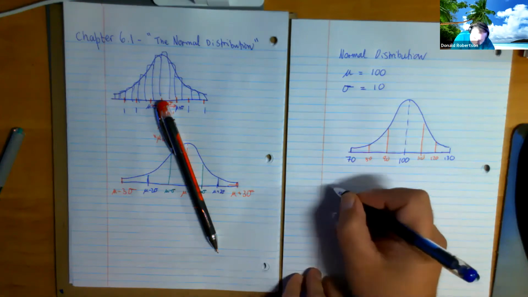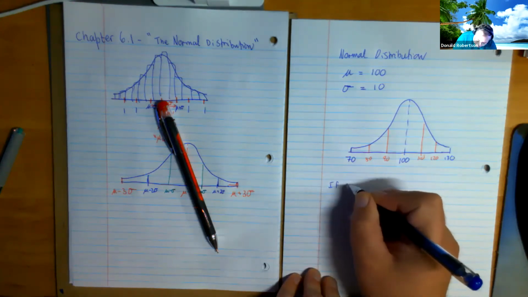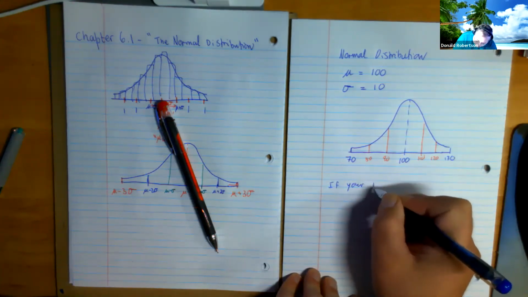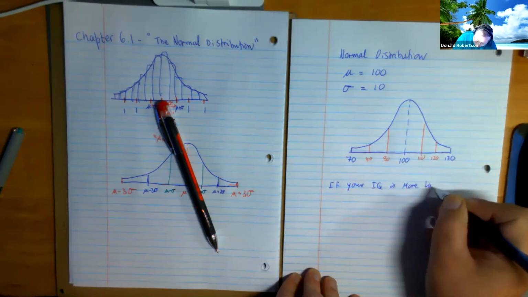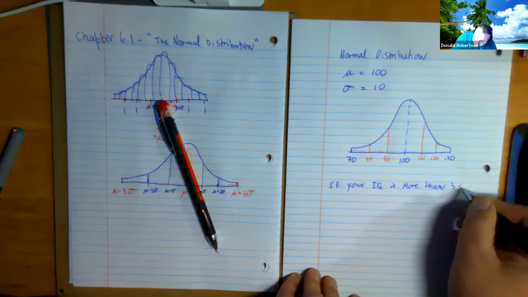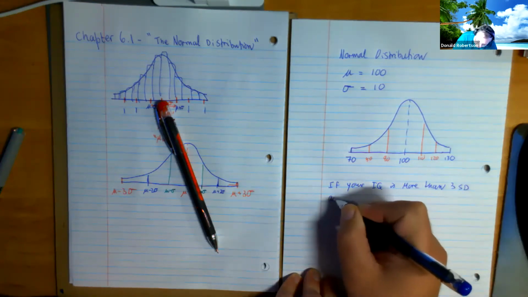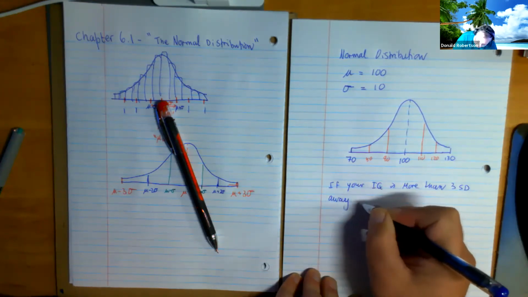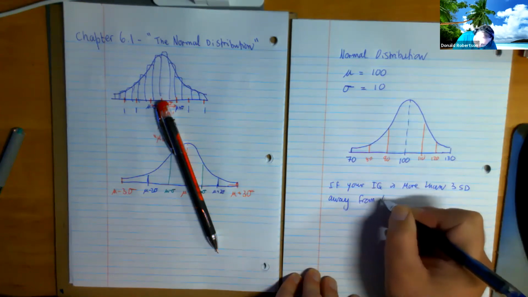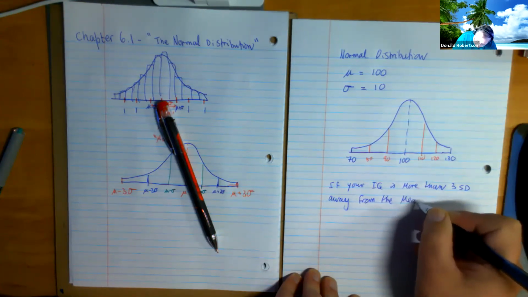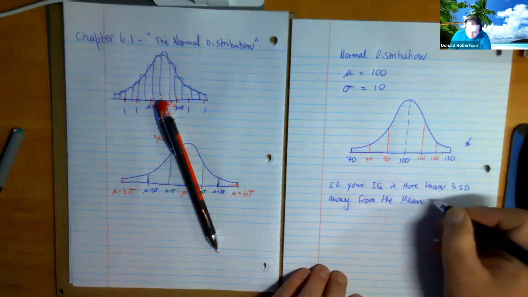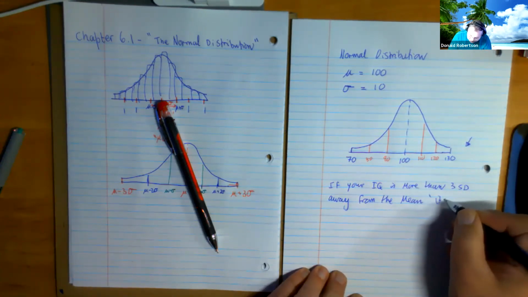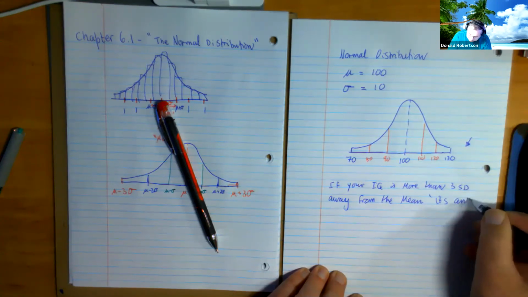Now, if your IQ is more than 3 standard deviations away from the mean, so in other words, it'd be living out here somewhere, it's an outlier.